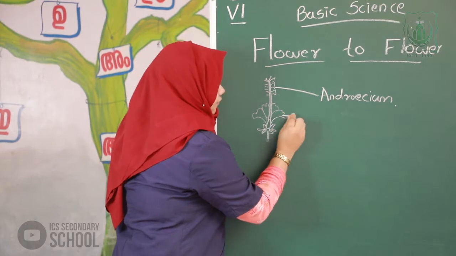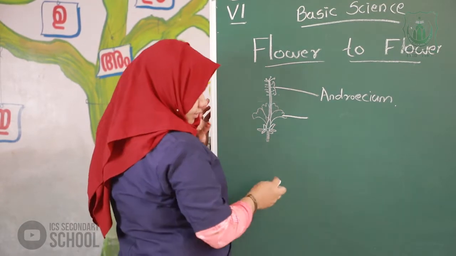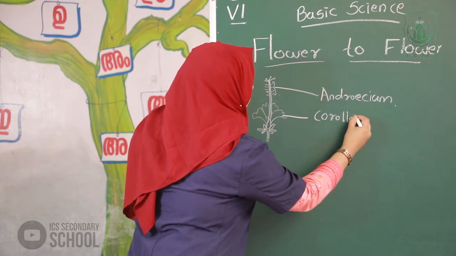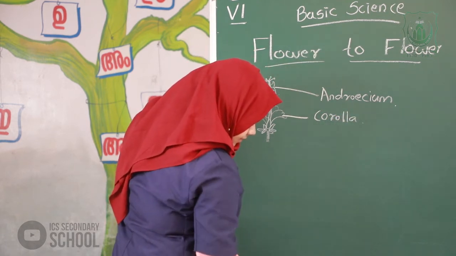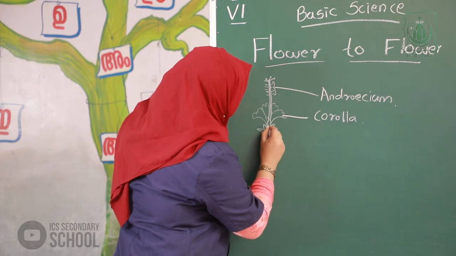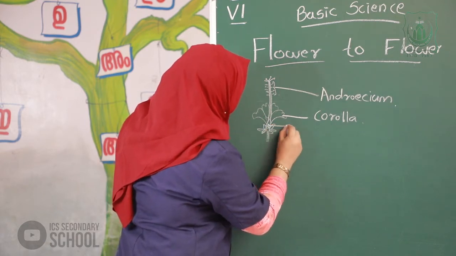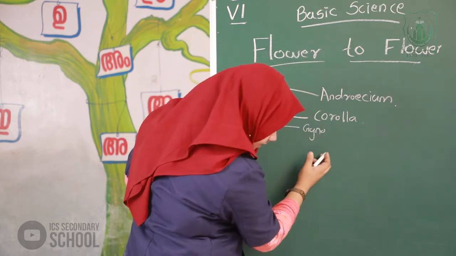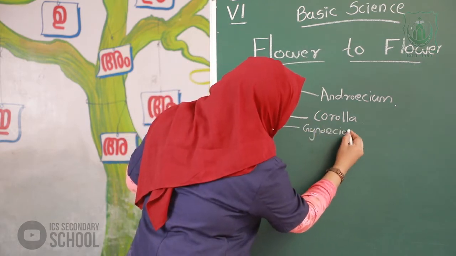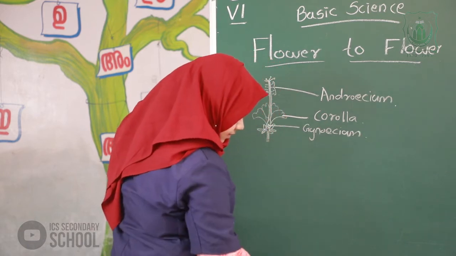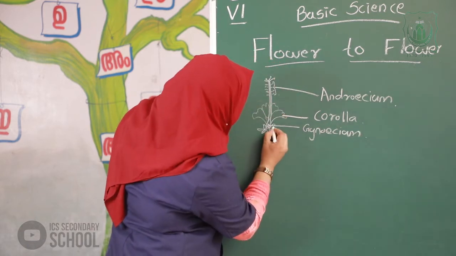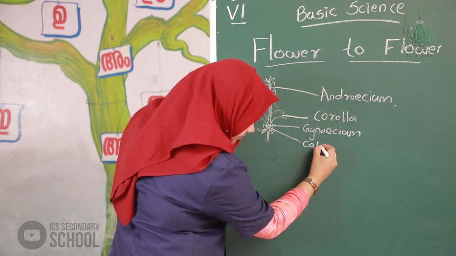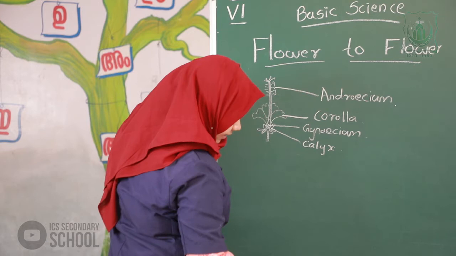What is the name of this part? This part is corolla. Then what is this part? This part is gynoecium. Then what is this part? This part is calyx.